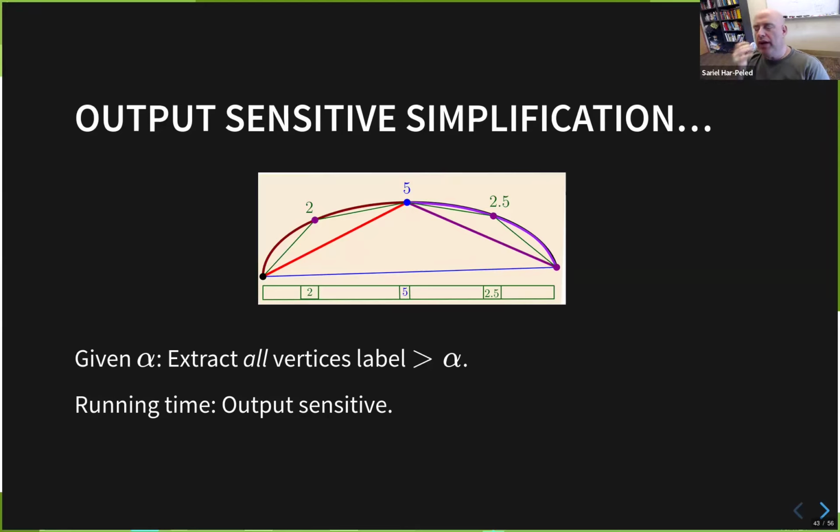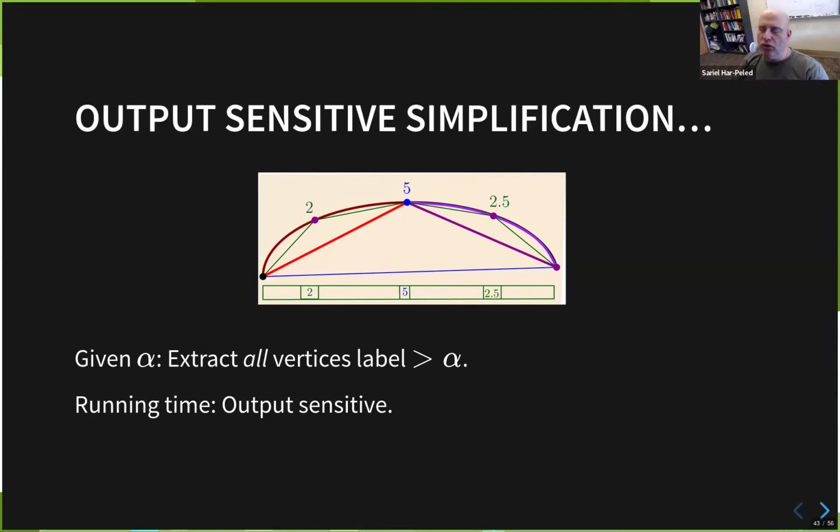Now, if you give me a threshold, you want an approximation, all we are going to do is the same traversal of this array in the same top-down way, where we are going to collect all the vertices where the label is larger than our threshold.